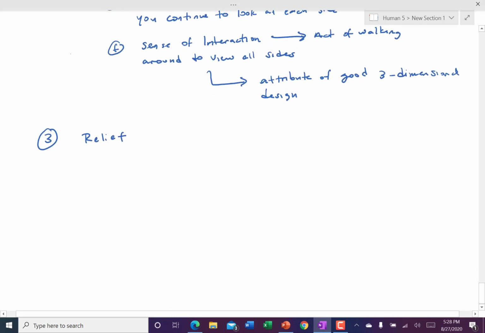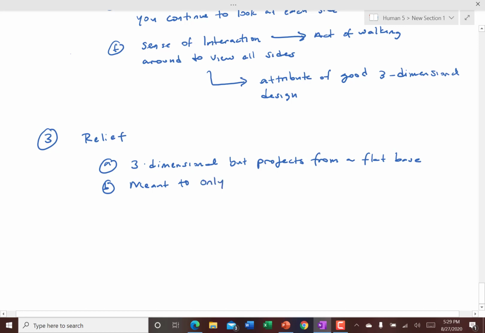And a relief is essentially three-dimensional but projects from a flat base. So here it's meant to only be viewed from one side. You don't have that purpose of 360 degrees. It's done intentionally.